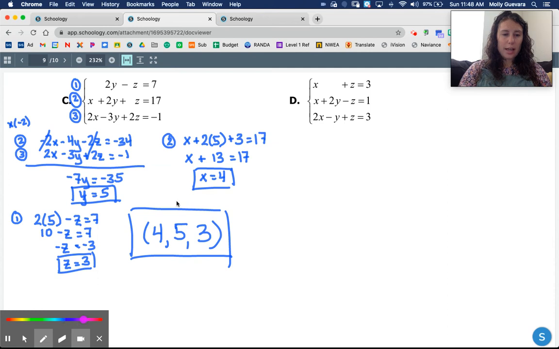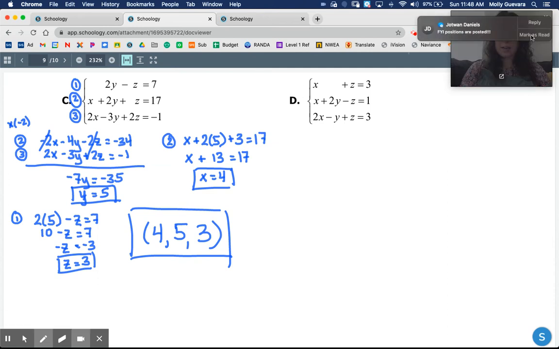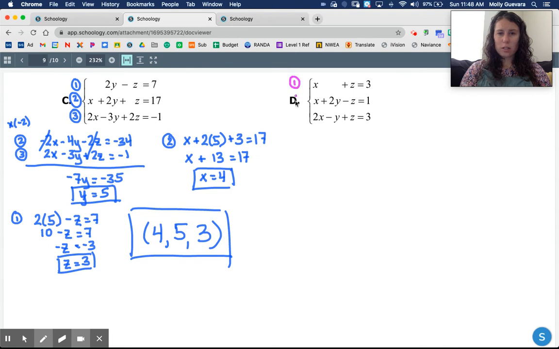Okay, let's look at D now. 1, 2, and 3. Okay, so I see that my y's are eliminated in equation 1. So I'm going to take equation 2 and equation 3 and eliminate my y's. So 2 is x plus 2y minus z equals 1.